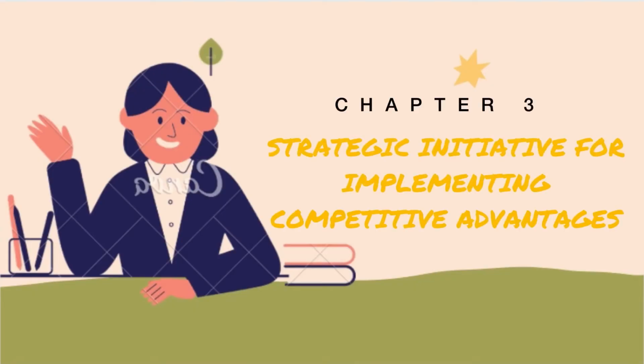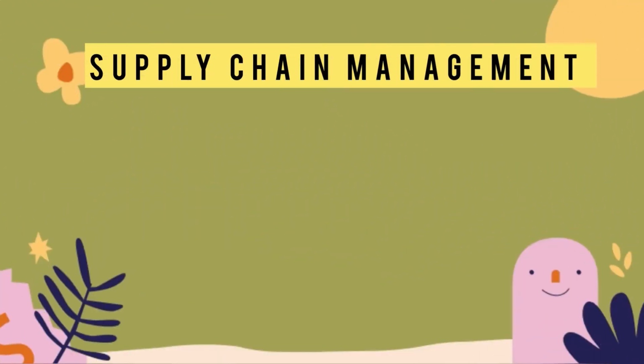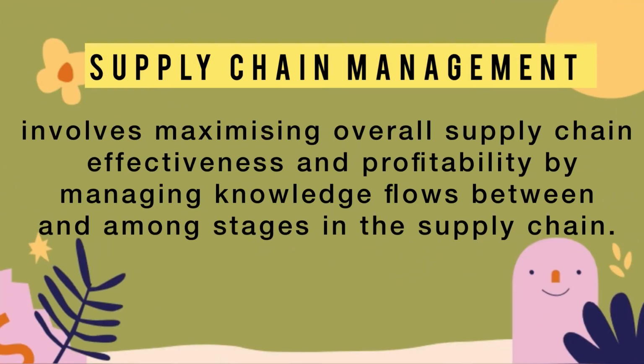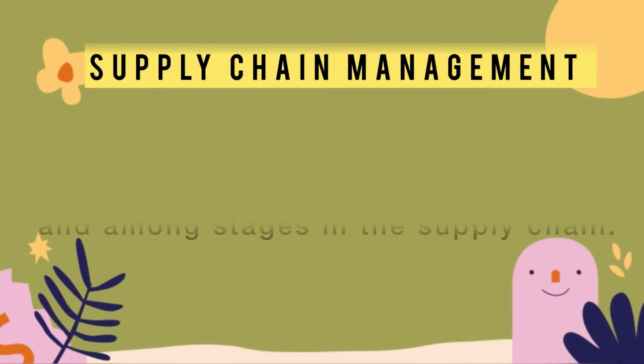We continue in Chapter 3, Strategic Initiatives for Implementing Competitive Advantages. So there are 4 things in this chapter. First of all, supply chain management involves maximizing overall supply chain effectiveness and profitability by managing knowledge flows between and among stages in the supply chain.